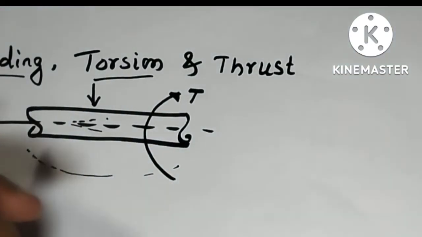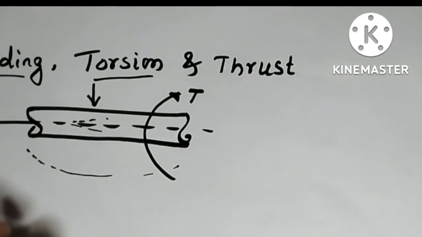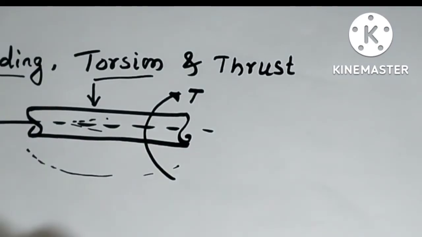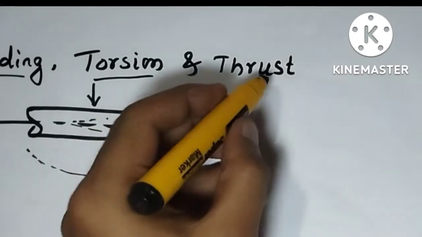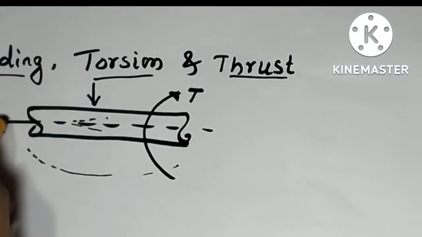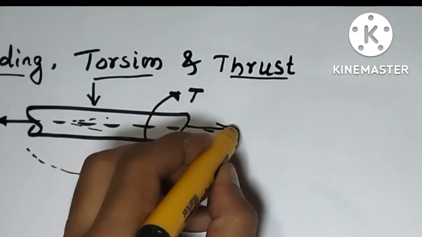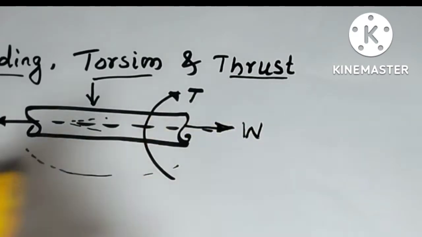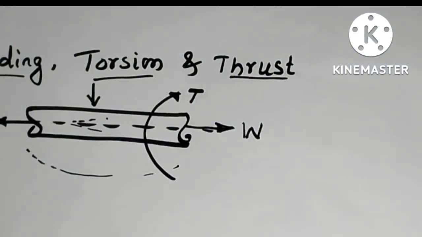we have considered there is an equivalent bending moment and equivalent twisting moment. Using that equation we have calculated the unknowns. So in this class, we are adding one more load, that is the end thrust load, means axial applied load, when the shaft is subjected to an additional axial load, the load can be W or P or F, anything you can write down.